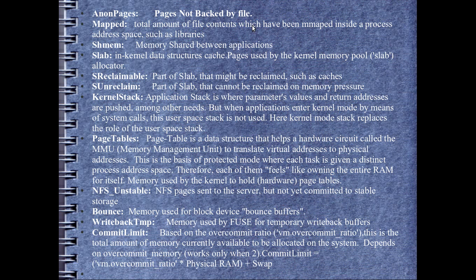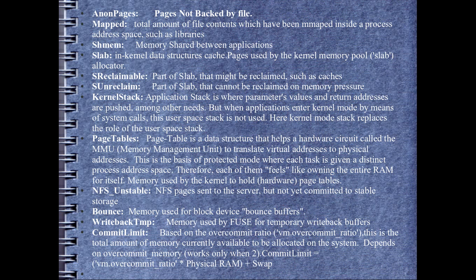Mapped, total amount of file contents which have been mapped inside a process address space. For example, if we are talking about the libraries, they have been loaded and they need some amount of RAM, so this is the actual amount of memory which has been utilized by a process.